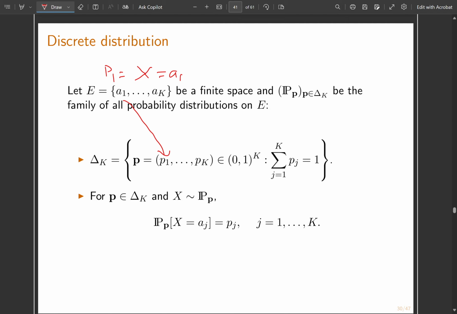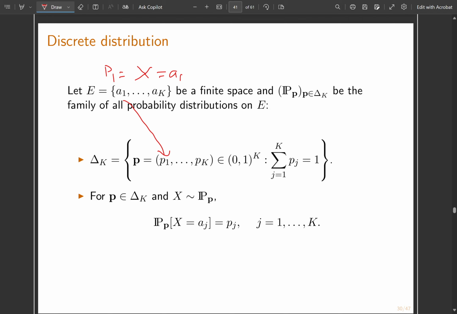Now, when we add all these probabilities, it should sum equal to 1, because that's what the law of probability says. All the probabilities should sum equal to 1 in sample space.